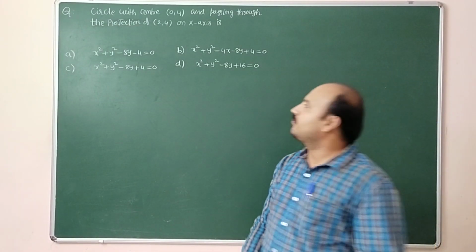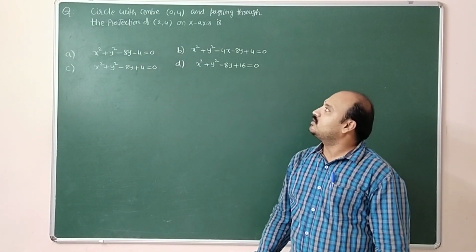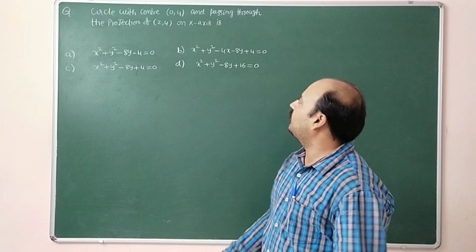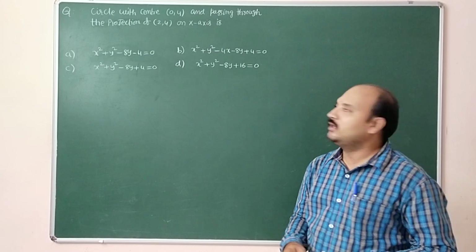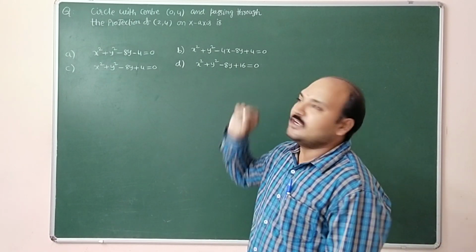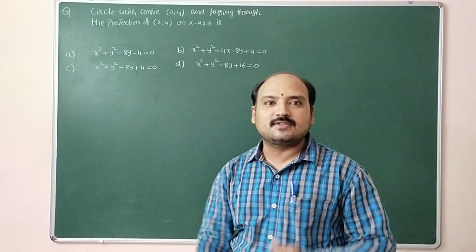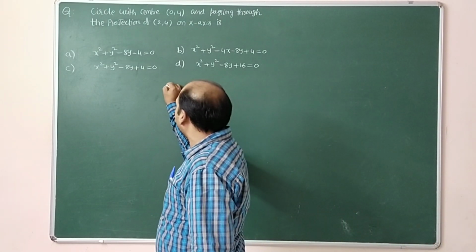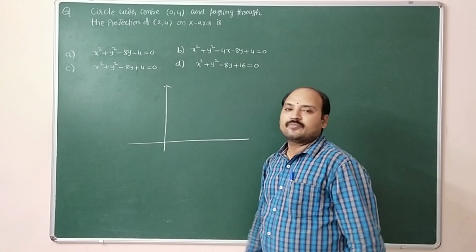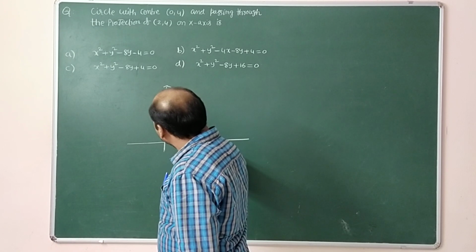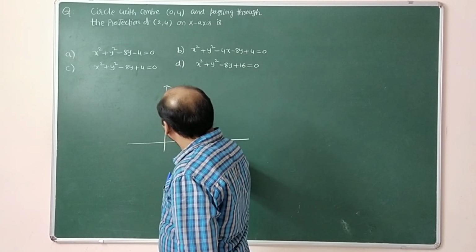The next question. A circle with center (0, 4) and passing through the projection of (2, 4) on the x-axis. This is a good question conceptually. Circle with center (0, 4). (0, 4) means it lies on the y-axis. So the rough figure will become like this. This is (0, 4).